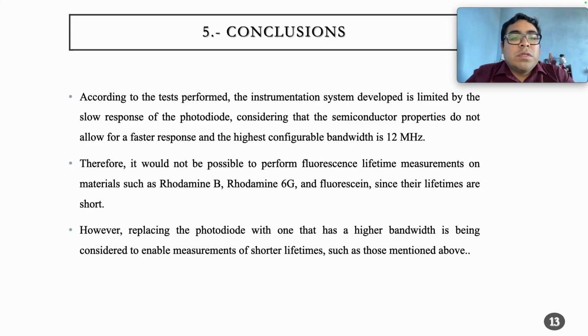Therefore, it was not possible to perform fluorescence lifetime measurements on materials such as rhodamine B, rhodamine 6G, and fluorescein. However, replacing the photodiode with one with a higher bandwidth is being considered to enable measurements of shorter lifetimes, such as those mentioned above.